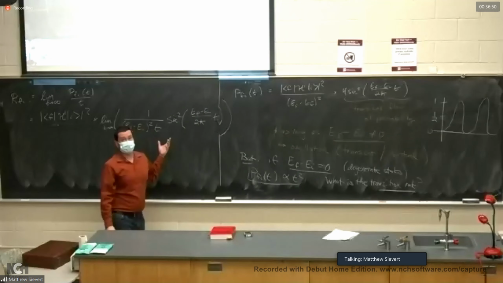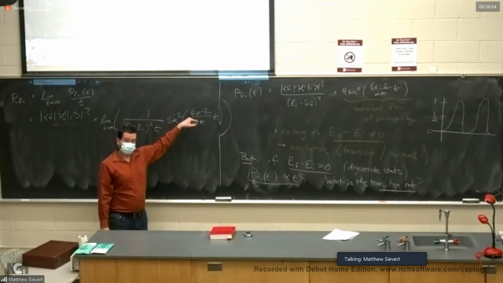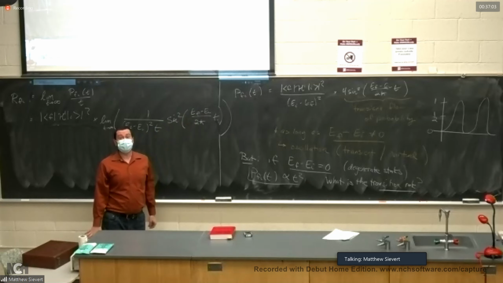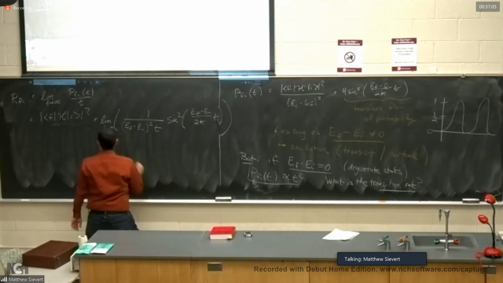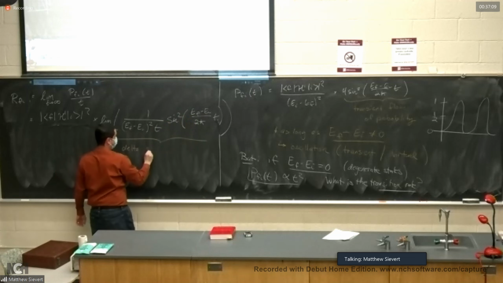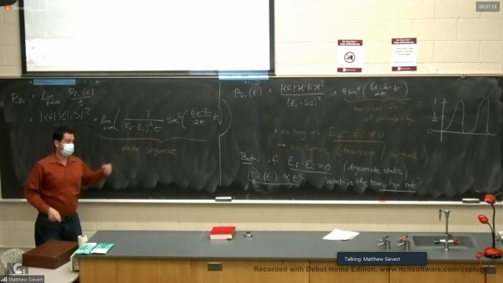So it goes to infinity. So this is an object that is 0 if the argument is non-zero. It is infinity if the argument is 0. And if you check it, it has a finite integral. That's your warning bell that this thing is actually a delta sequence. This is going to become a delta function in the limit when t goes to infinity.